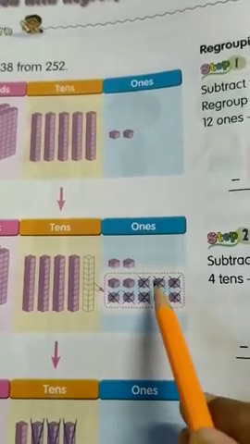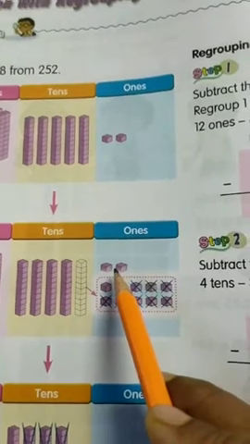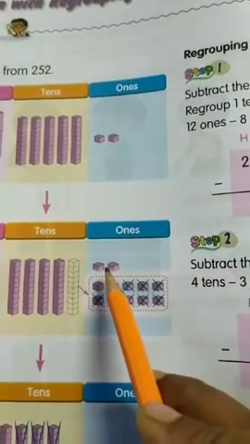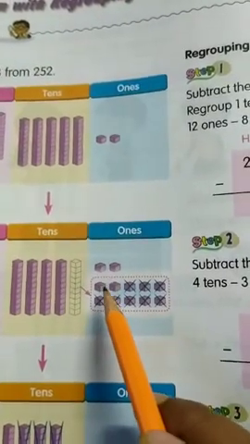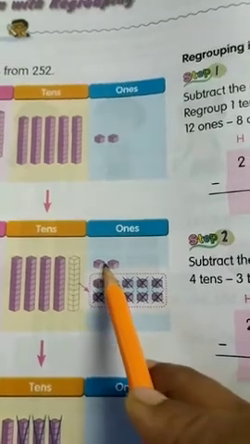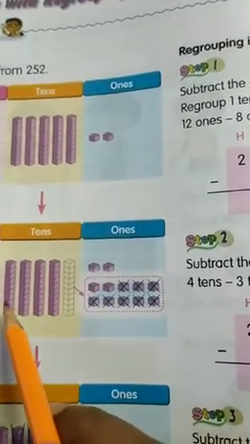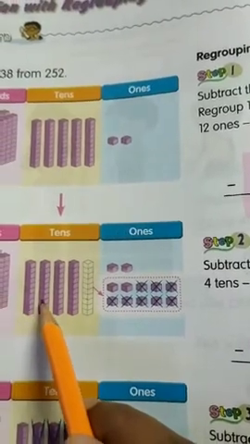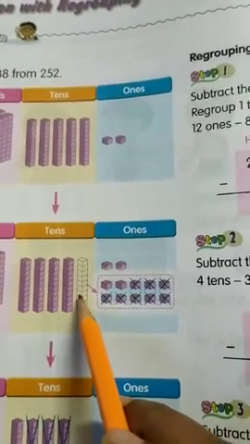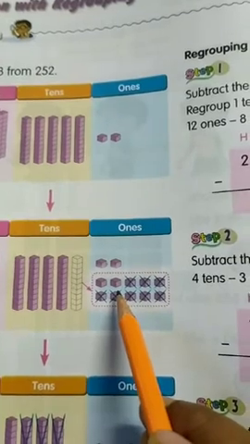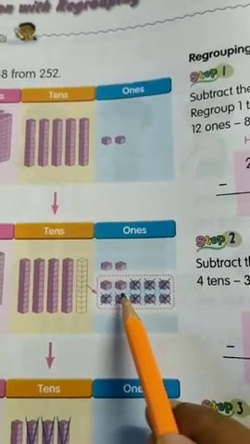So there are 10 ones plus 2 which is already there. So 10 plus 2 became 12. Okay, and here how many remained? 1 2 3 4 remain, because 1 is removed and given to the ones place.